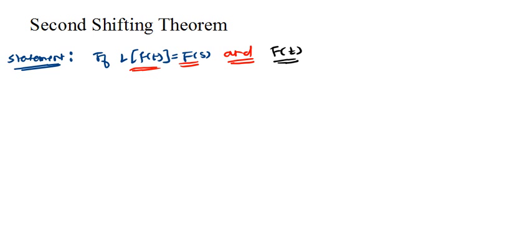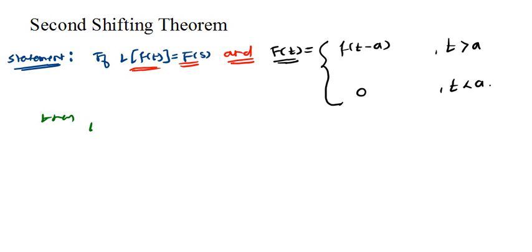So if L of f of t is f of s, and we define this function F of t like this: f of t minus a for t greater than a, and 0 for t less than a, then what we need is the Laplace transform of this F of t, and this will be given by e raised to minus as into f of s.